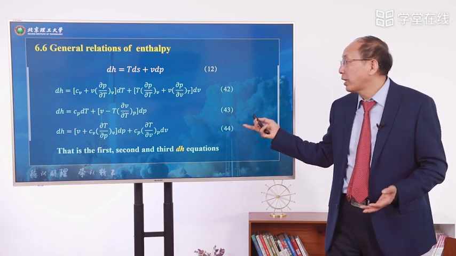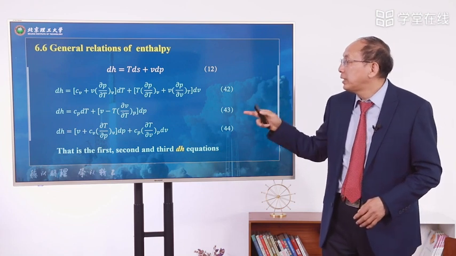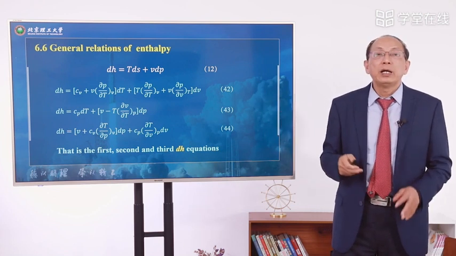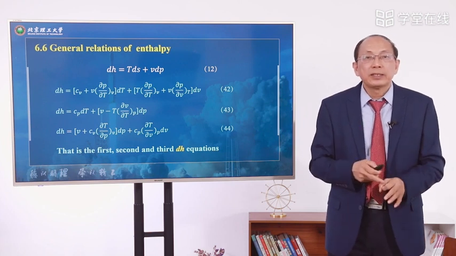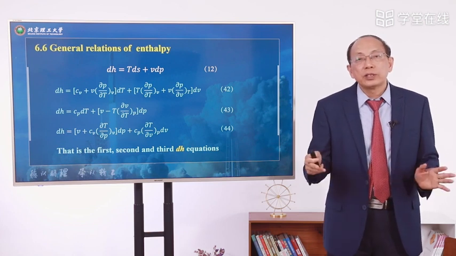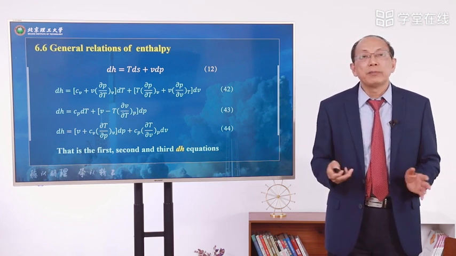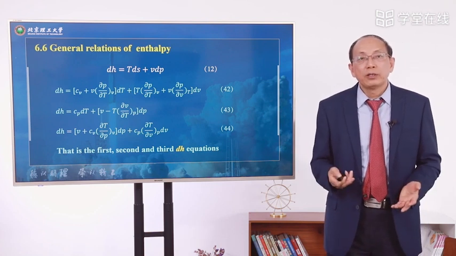Certainly, we can use this one to calculate dH by T and P. That's the first, second, and third dH equation. The method is the same because we obtained the dS equations.